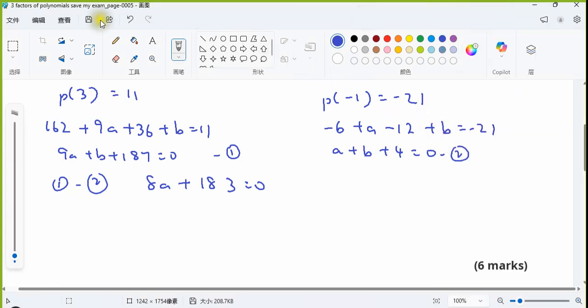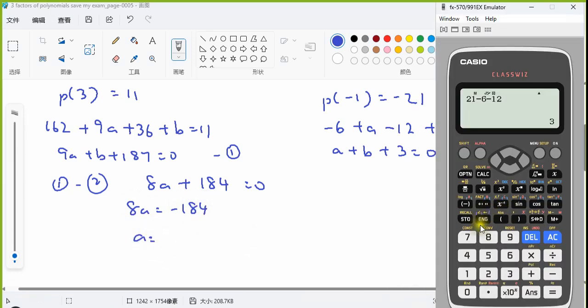So this is 3, not 4. So 184. So we have the 8a equal to negative 184.